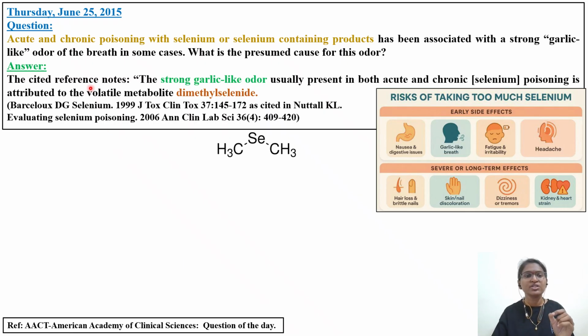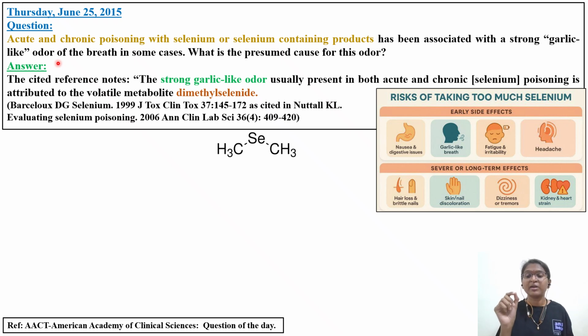So the first question is: acute and chronic poisoning with selenium or selenium containing products has been associated with a strong garlic like odor. There is one thing in analytical toxicology and forensic toxicology also: in order to identify the poison, emergency department physicians have to smell that particular chemical.